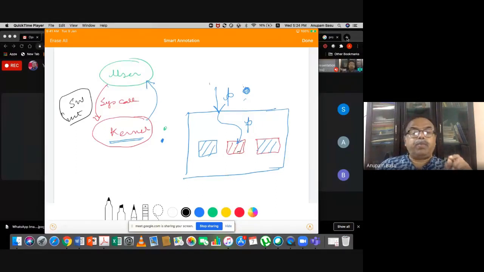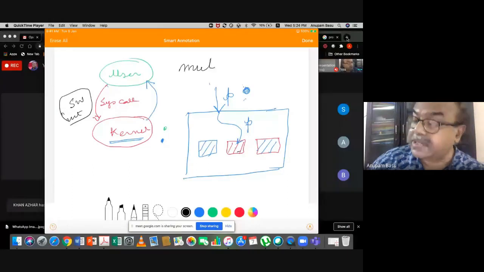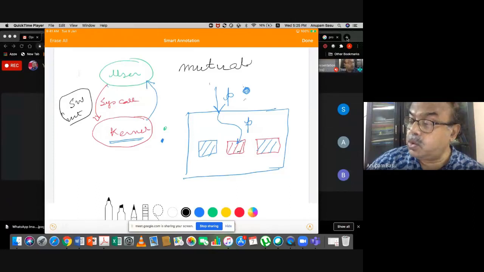But the core point is it must be dealing with some resource that cannot be shared. Now I'm introducing a term, I'll conclude with this, just to ensure that the access to a shared resource is mutually excluded.